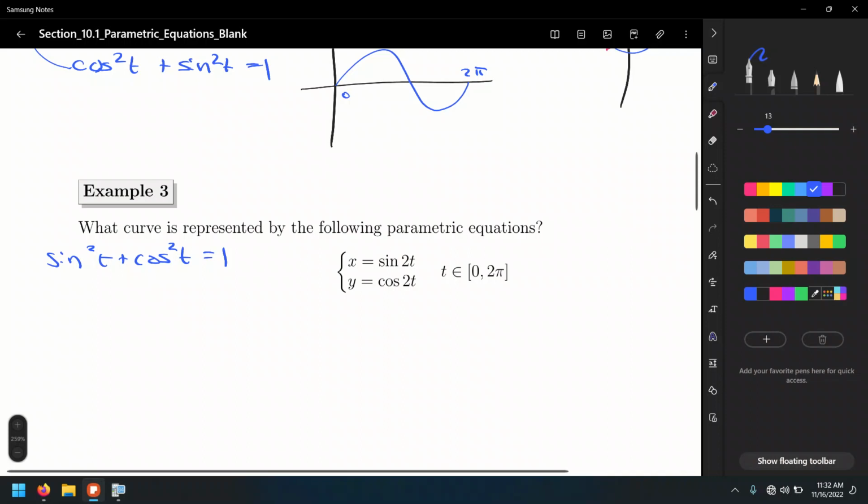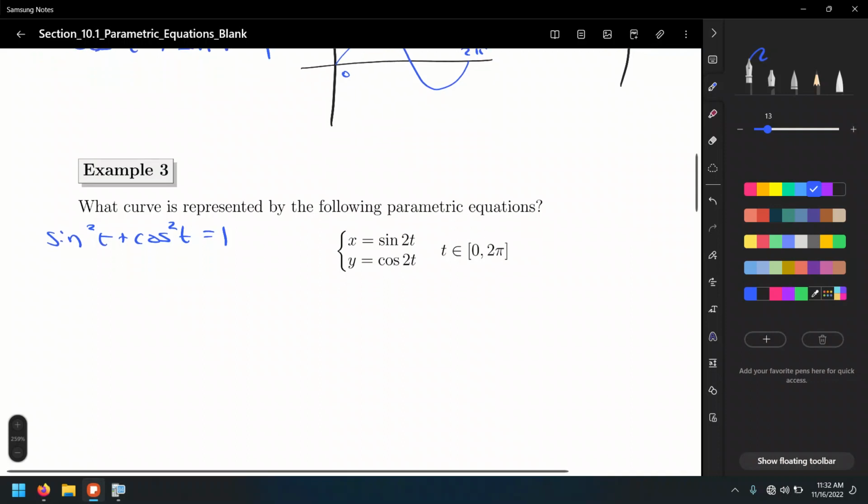If you have a 5t, just make sure to have a 5 on both terms. The identity still holds if you have sine squared of 5 million t plus cosine squared of 5 million t. It still holds for sine squared 17t plus cosine squared 17t. It works for whatever coefficient. In our particular case, sine squared of 2t plus cosine squared of 2t equals 1.